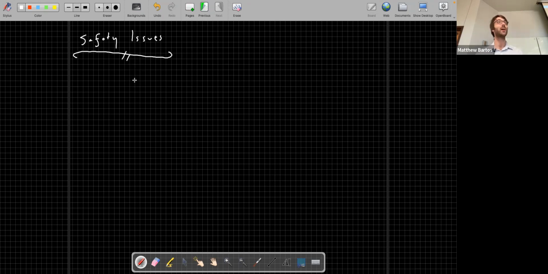Yes, that is true. That's one of the ones on my list, and it's an important design consideration. So large curb inlets are hazardous to small children. You don't want the curb inlets to be too big.